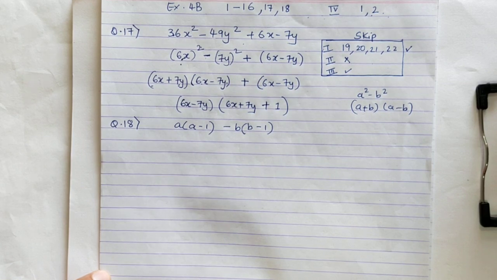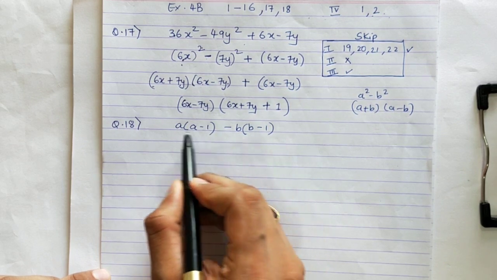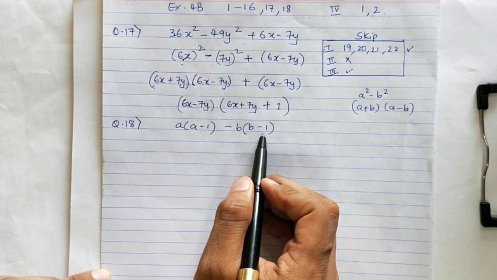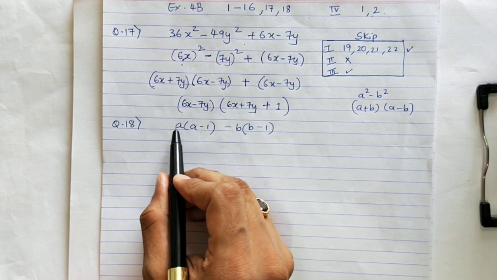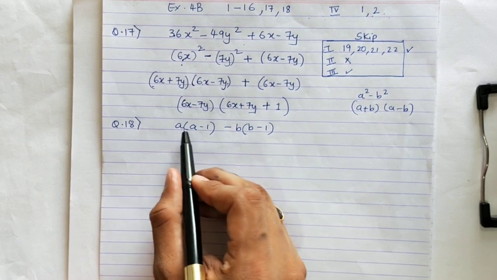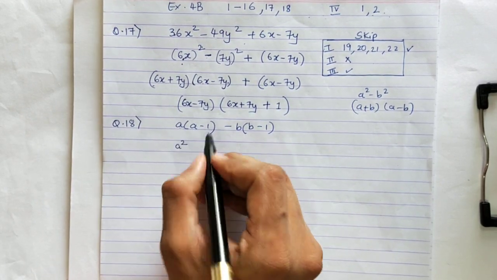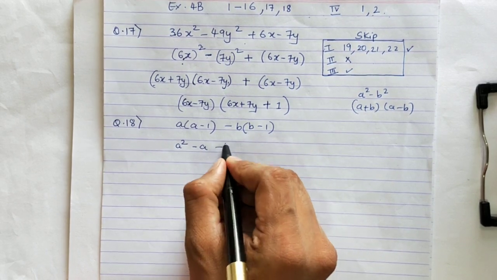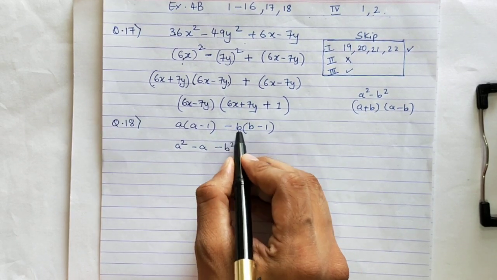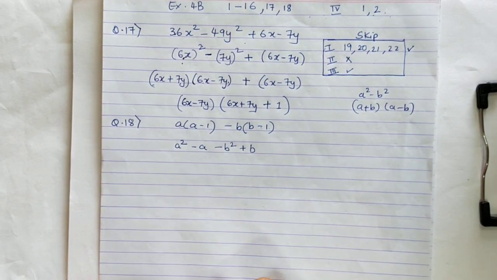Question number 18. In question number 18, can I take anything common here from these two terms? I cannot take anything common. If I cannot take anything common, the only option left with me is to open the brackets. So I'll open the brackets. A into a square, a into minus 1 is minus a, minus b into b, minus b square, minus b into minus 1 is plus b.